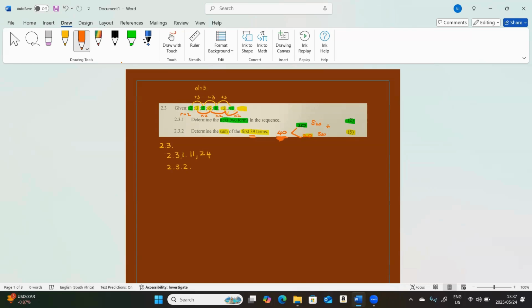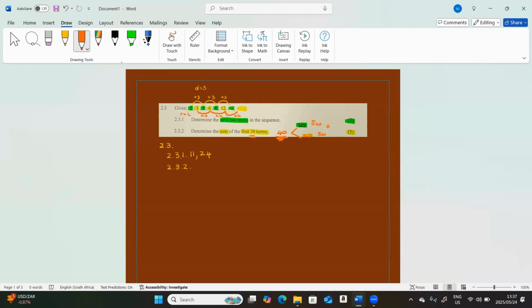Now, because it's 39, we have to determine: will the green sequence, the arithmetic sequence, have reached 20 terms within 39 terms? And the answer is yes, because that is the sequence that we start with. If you think of it in pairs of two: first green, then yellow, first green, then yellow.